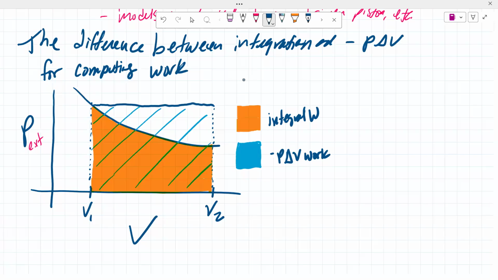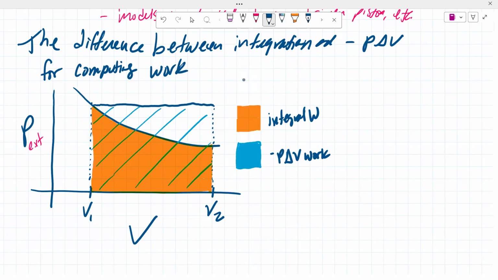Hopefully you'll remember these ideas from calculus. And so we see that the integral work is a much smaller area than the P delta V work because there's this piece up here that's sort of triangular shaped that's not filled in. That's the key thing here.